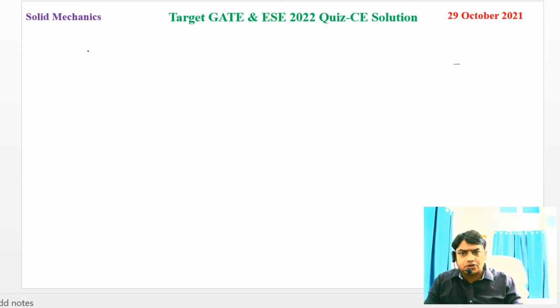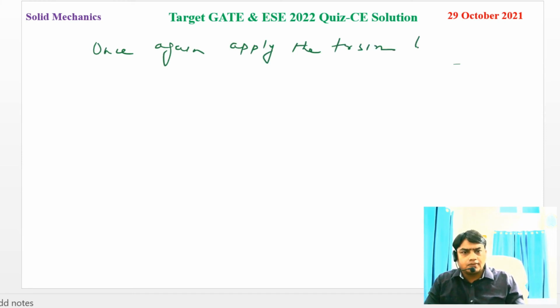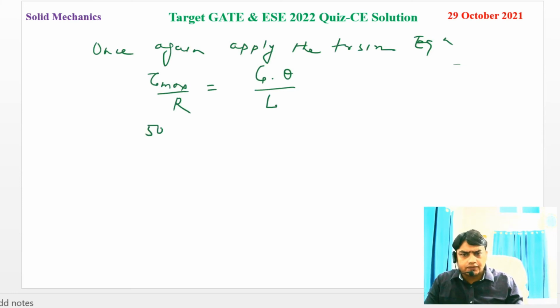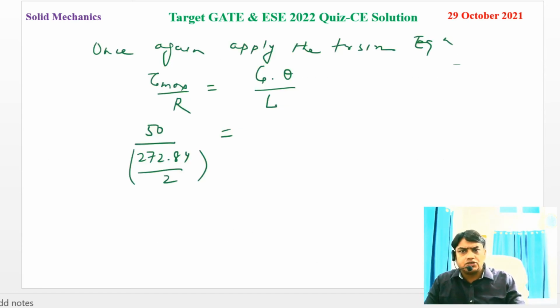Now we have to find the angle of twist. Once again applying the torsion equation, tau max by capital R is equal to G theta by L. Tau max is 50 Newton per mm square, R is 272.84 divided by 2, and G is 80 megapascal, that is 80 into 10 to the power 3.